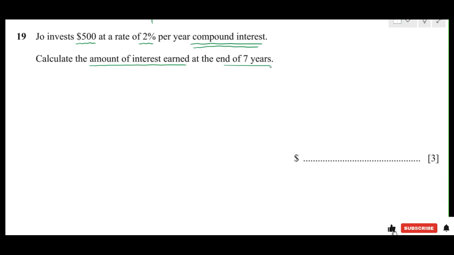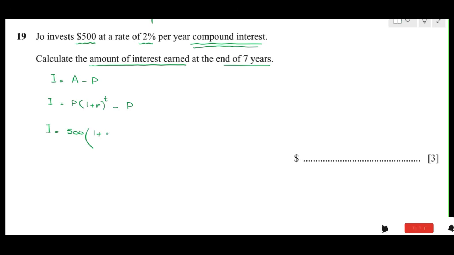So the amount of interest earned is I equals A minus P. I is the interest earned, A is the amount, which has the formula P times (1 plus r) to the power t, minus P. P is the investment, 500.